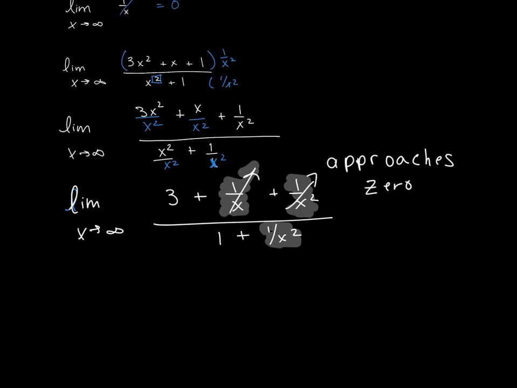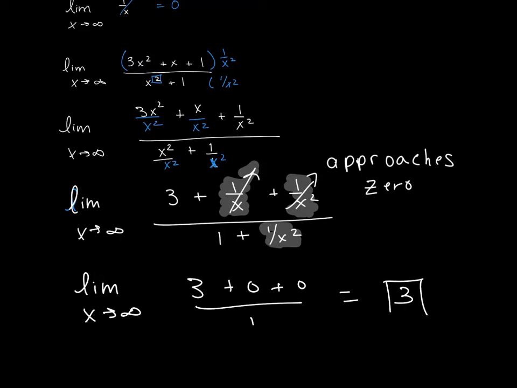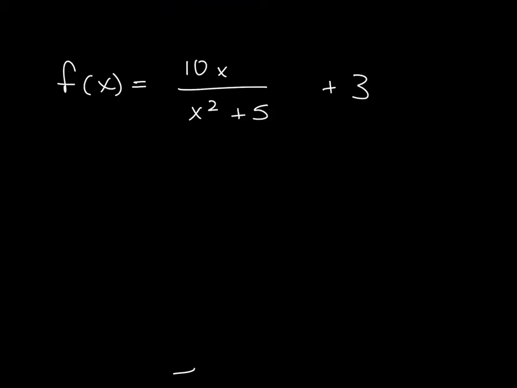So once I know that, this just becomes the limit as x approaches infinity of 3 over 1. So that now is just equal to 3.